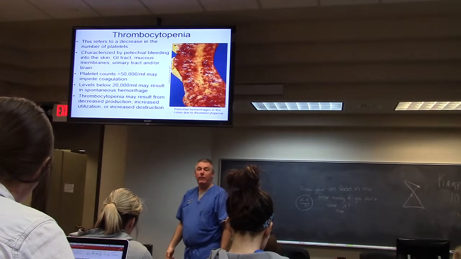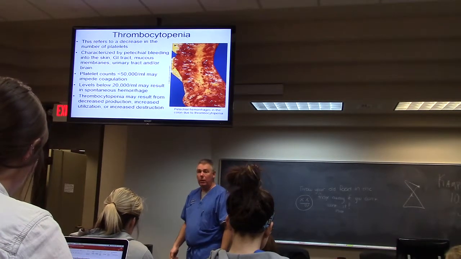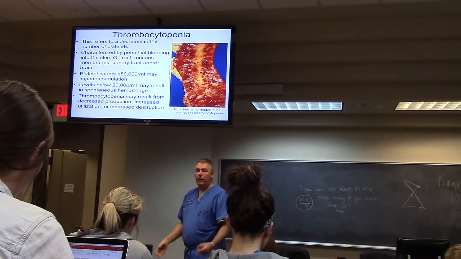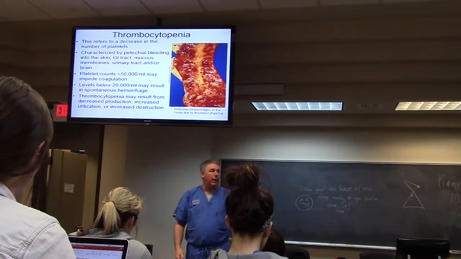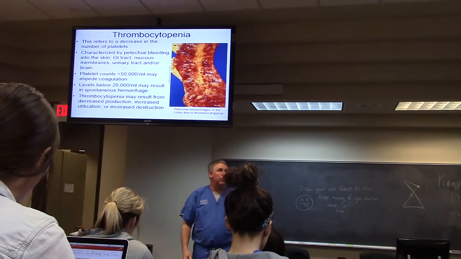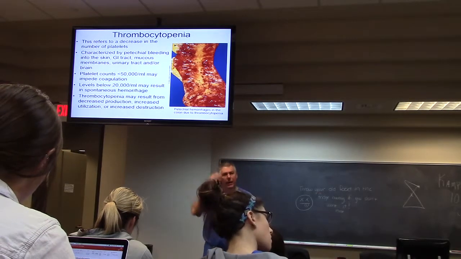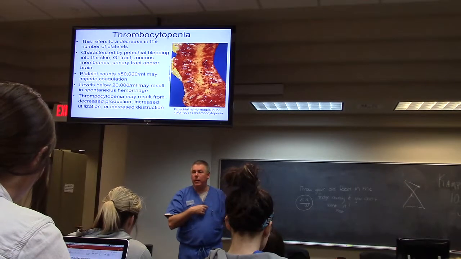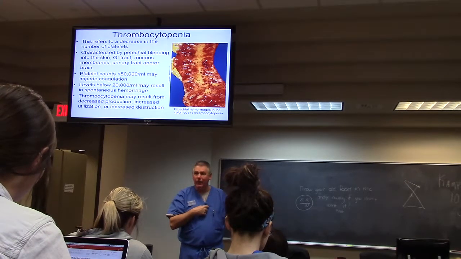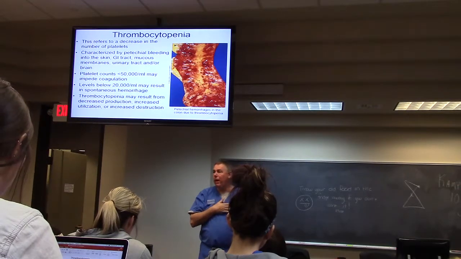Now, you can also have increased utilization if you have somebody with massive trauma from an MVC or something. They're going to be using up a lot of their platelets. Increased destruction, an example would be if you had a mechanical valve. You underwent valve replacement, and they put a mechanical valve in, and this piece of metal is flopping back and forth.